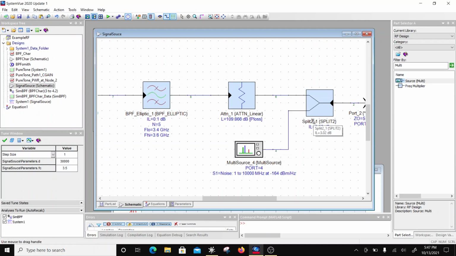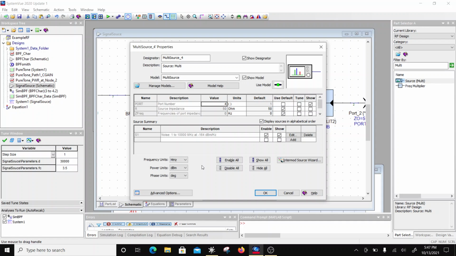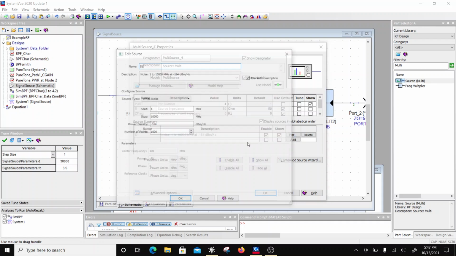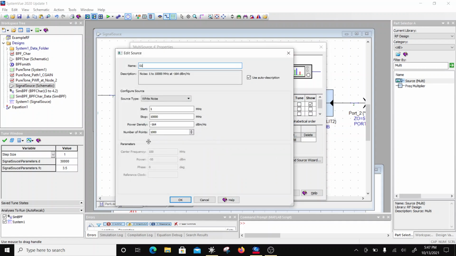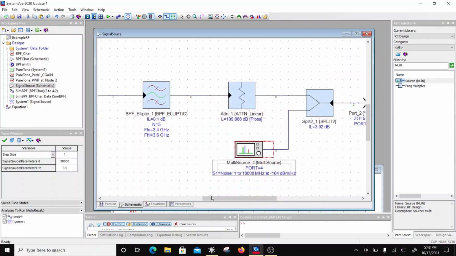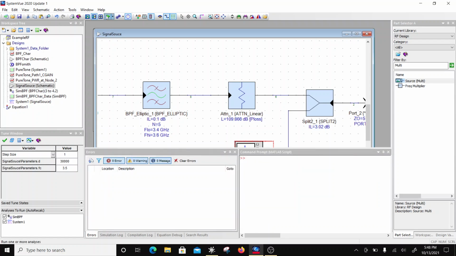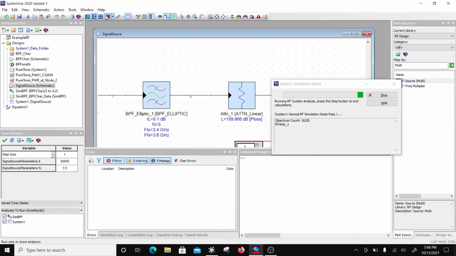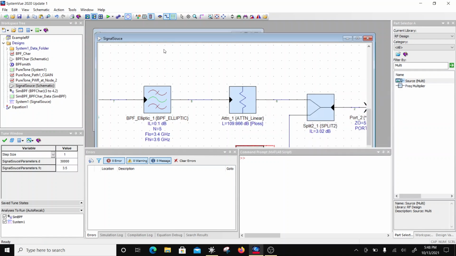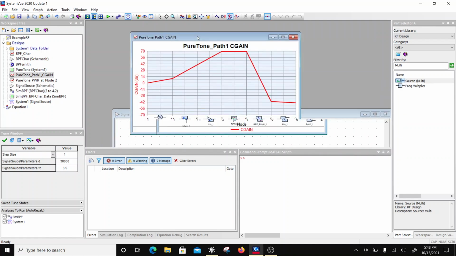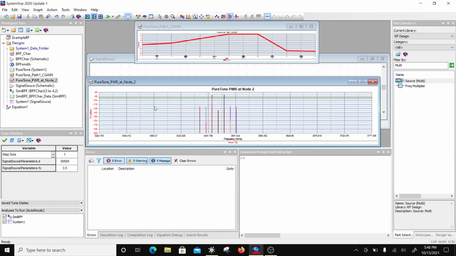And then this is there, and 3 dB is there. Okay, that's the white noise. So why is it not simulating? Let's see if there is an error here.